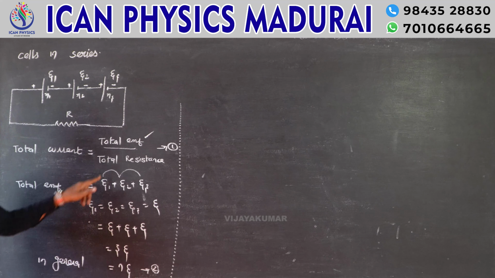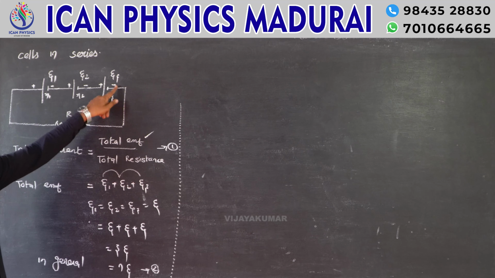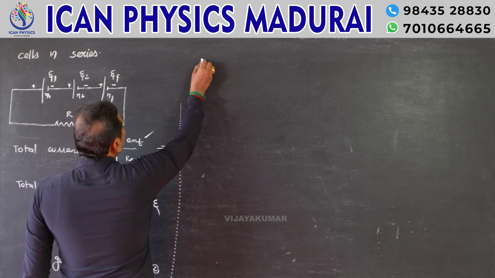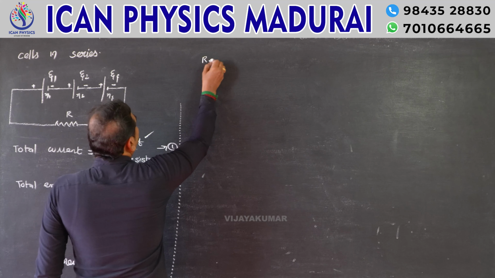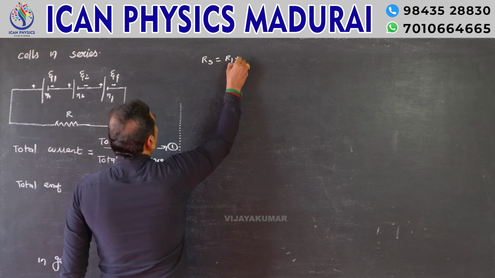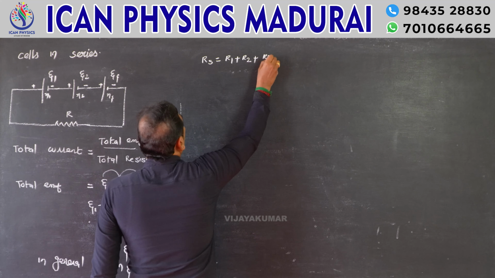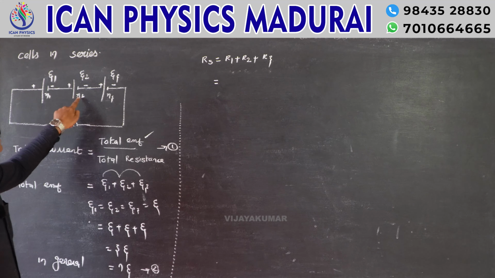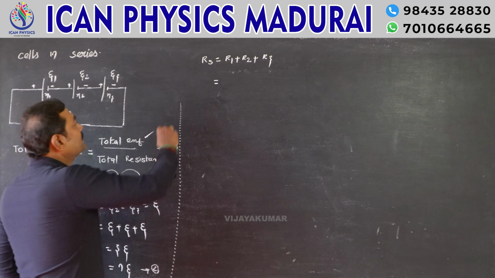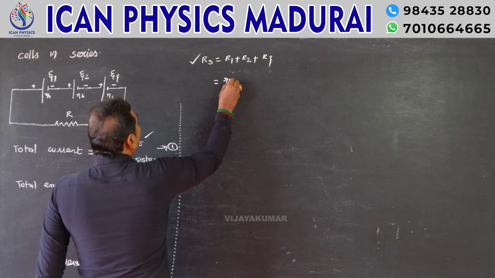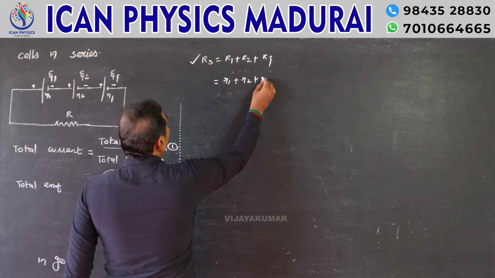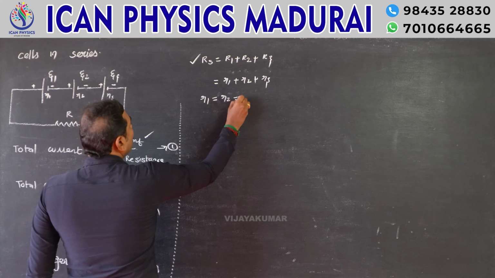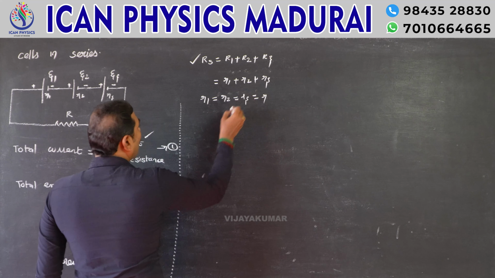Now for the total resistance. First, we have to calculate the resistance in series of the cells, which is r1 plus r2 plus r3, where the internal resistances of the cells are small r1, small r2, small r3. This is the general formula. Let us consider r1 equal to r2 equal to r3 equal to r.